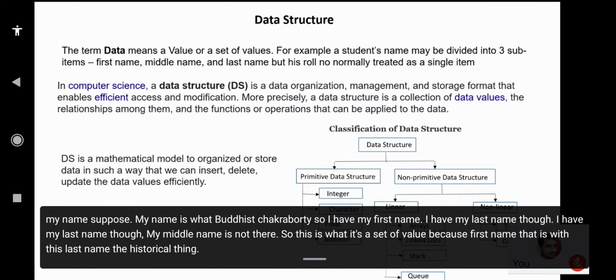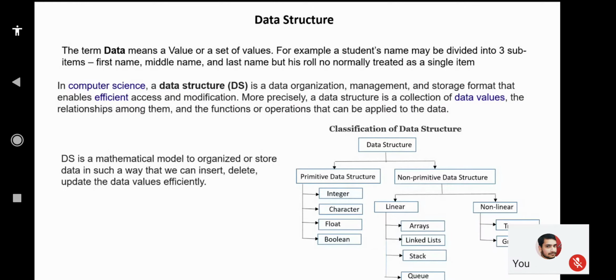Similarly, suppose we have chicken curry or mutton curry or fish curry. Where will we store it? We'll keep that chicken curry or mutton curry in a bowl. So there are several structures where we can store water, rice, and chicken curry. Now we can keep water in a thali also. We can keep it, but we cannot use it efficiently.